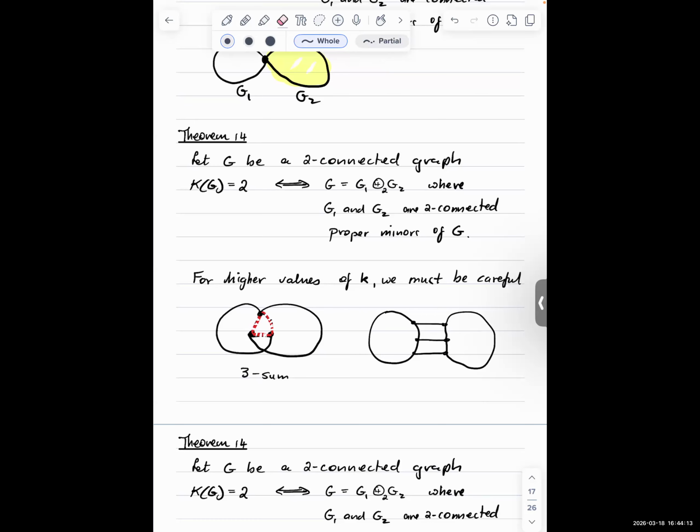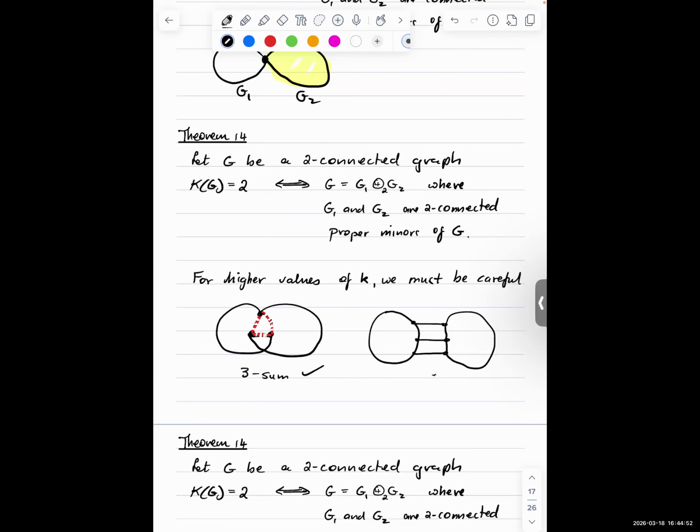Now, it would be great if we could get some results like this for higher connectivity, but when you look at three sums, you can paste it across a triangle, right? And then remove those edges. That's what a three-sum is, correct? But then the graph on the right-hand side becomes an issue because it is also three connected, and kappa G is equal to 3, but it may not manifest itself as a three-sum.